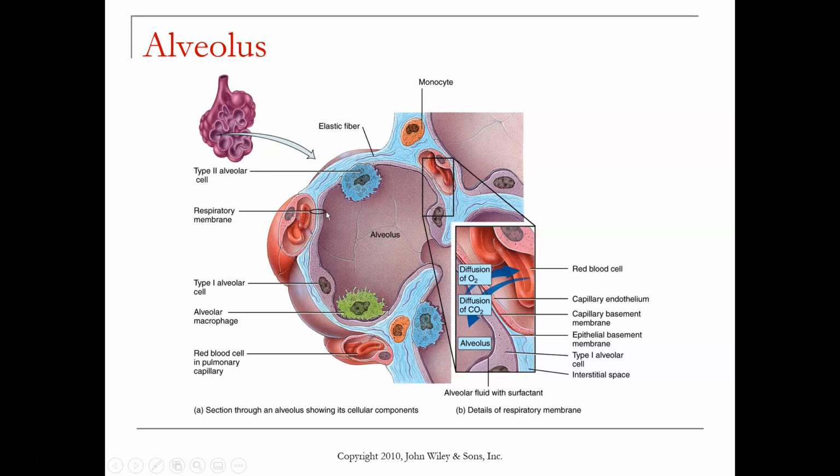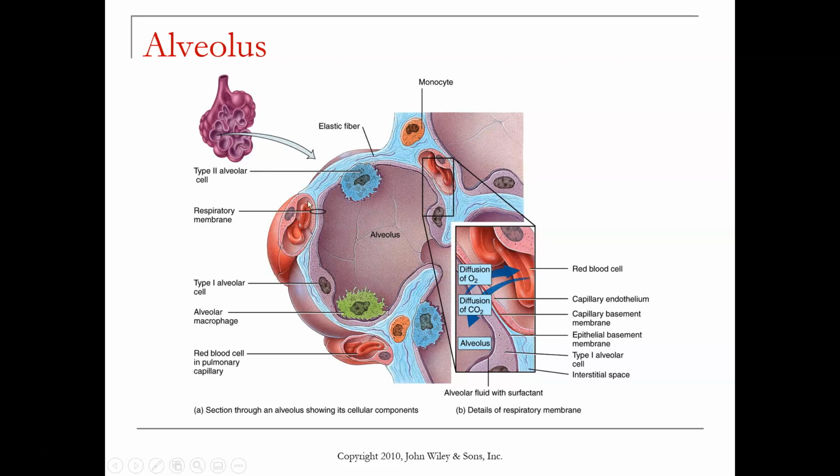The respiratory membrane needs to be thin because oxygen needs to pass from the alveolus into your pulmonary capillaries, and then at the same time carbon dioxide needs to move in the other direction. So you can't have many layers. So it's going to be thin, and what is thinner than simple squamous epithelium? Nothing.